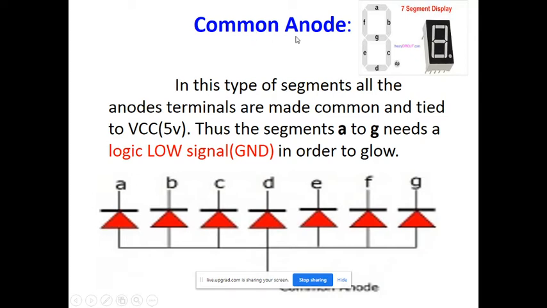It means in the common anode configuration it is exactly the contrast: 0 means on, 1 means off. That is the difference between common anode and common cathode.